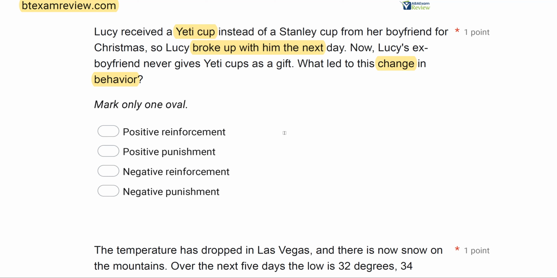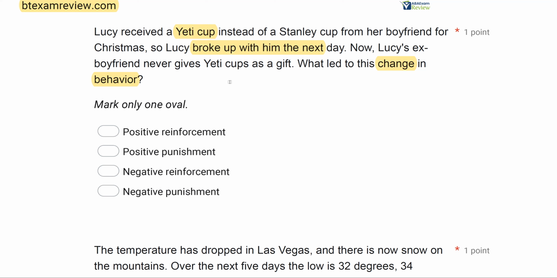What happened? He got broken up with. As a result, he now never gives the Yeti cup. So the consequence is getting broken up with. What led to the change in behavior? Well, there's got to be some sort of punishment or extinction because the ex-boyfriend's behavior decreased. Then we ask ourselves, was something added or taken away? Is it positive or negative?